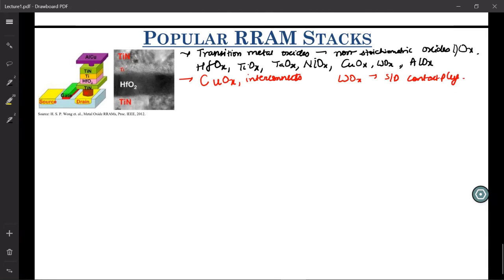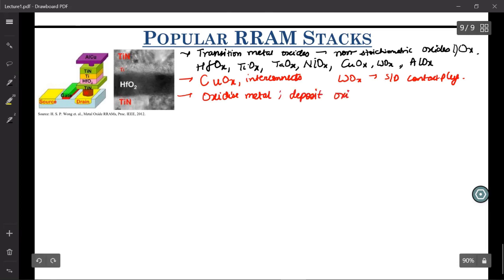Now, how do you fabricate these devices? I mean, how do you fabricate a MIM capacitor? First, you oxidize the metal. There are several processes for that. However, you can also deposit the metal oxide. What are the different processes by which you can do this? You have reactive sputtering.